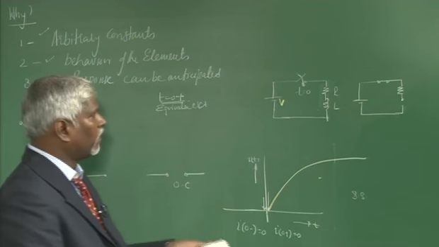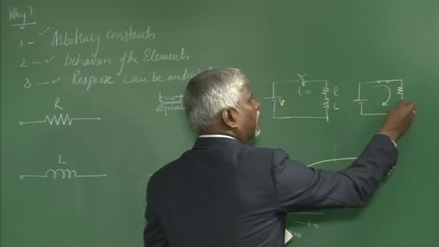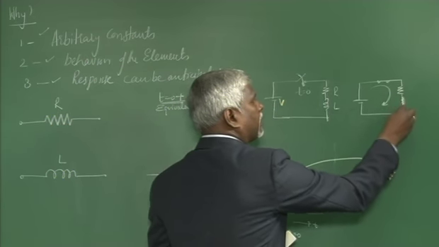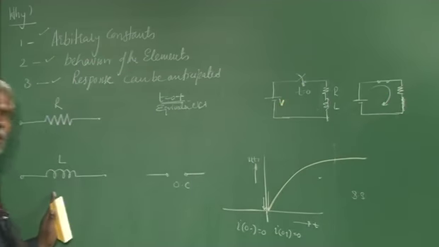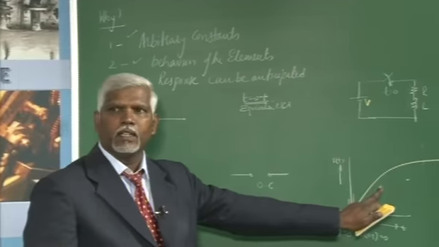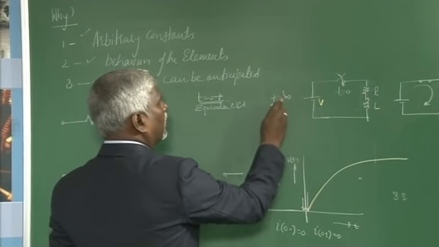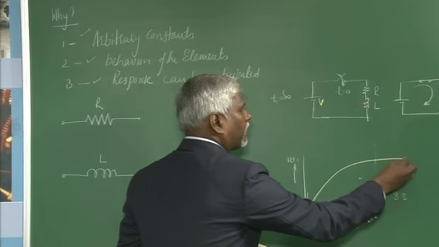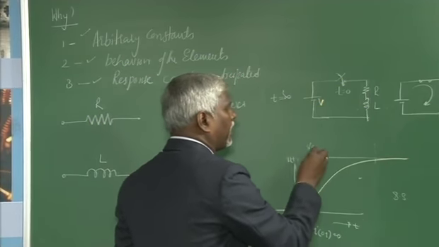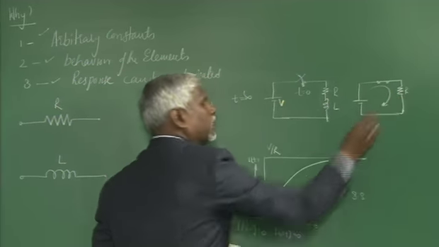With this, what happens after some time? The inductor acts as a short. It starts allowing the flow of current. So, the behavior of the same inductor at t equal to infinity: after some time it allows a flow of current, and this current is limited only by the resistance R, and the inductor acts as a short circuit.